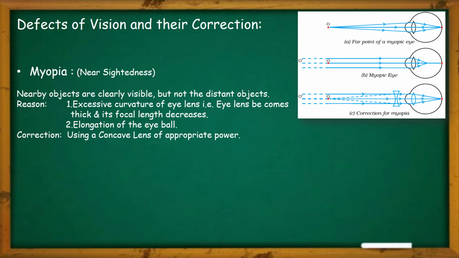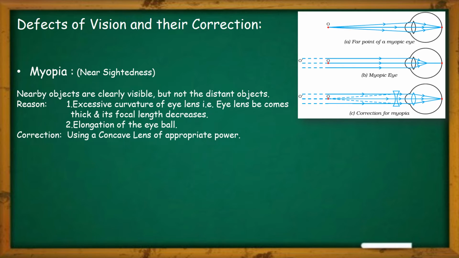First one is myopia, which is also known as nearsightedness. What is nearsightedness? It means a person can see nearby objects clearly but cannot see the distant object clearly in this type of eye defect. A myopic eye cannot see the distant object properly, but it can see all those objects which are present nearby very clearly. Now the question arises, what is the reason for this defect?